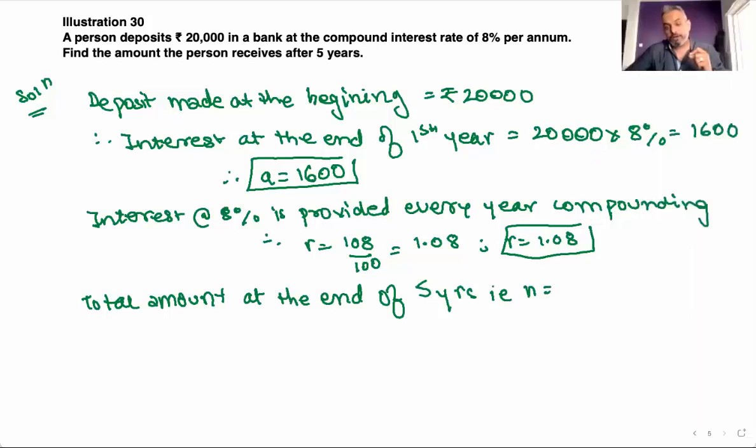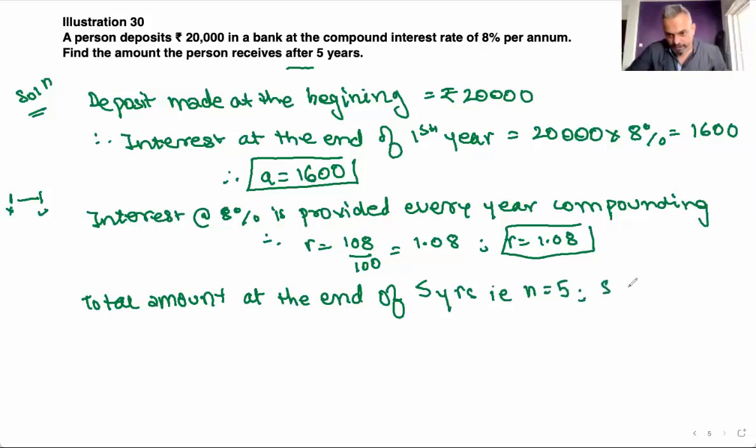Not 6, because 20,000 we are not taking as A. The amount we invest at the beginning of the year, we are not taking as A, but the interest we get at the end, we are taking as A. So first year's end, that is 1600, after 5 years, that is the end of 5 years. So first year, second year, third year, fourth year and fifth year, that is n. So n is equal to 5.